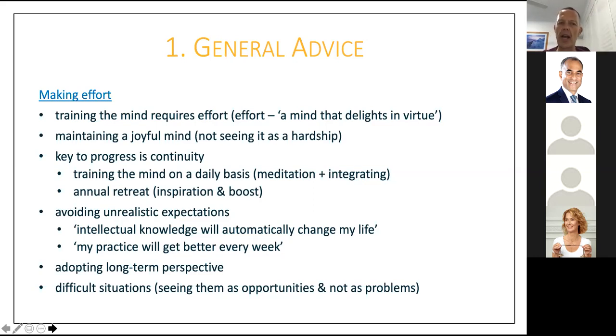And so we need to adopt a long-term perspective. Over the long term, we should notice some improvement. In the short term, there will be a lot of ups and downs, because some days our minds are naturally more quiet. Some days naturally our mind is much more agitated and disturbed and so forth. So short term, there'll be a lot of variation, but in the longer term, we will notice some improvement. So have a long-term perspective.